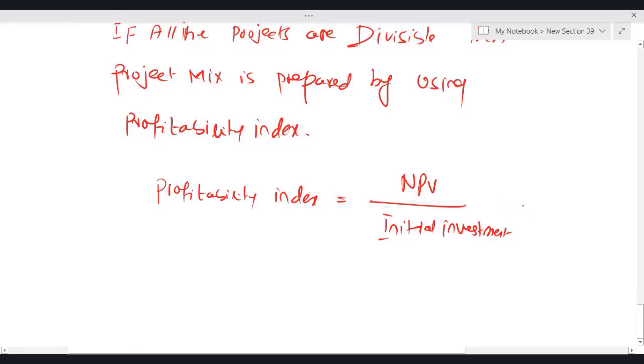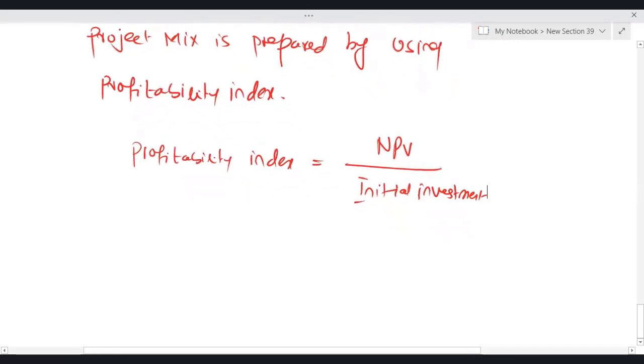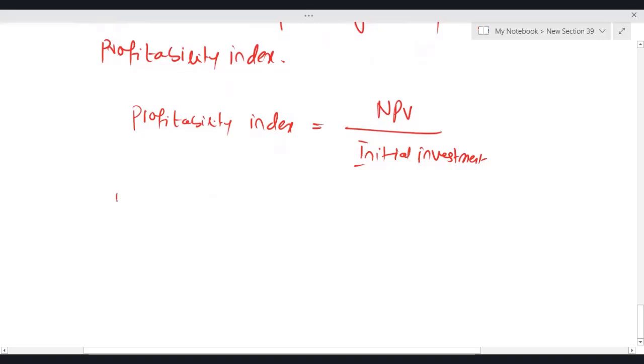Even if you take present value of net cash flows divided by initial investment, there will be no difference in the ranking. The order will remain the same. So profitability index is simply NPV divided by initial investment. The project which has the highest profitability index is going to be number 1, then 2, 3, 4, and so on.